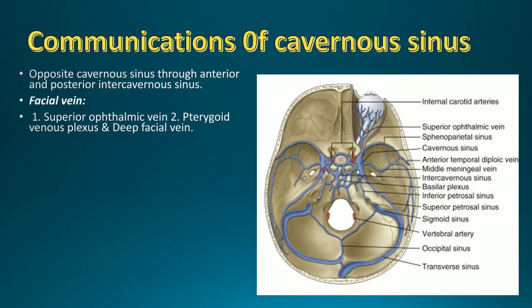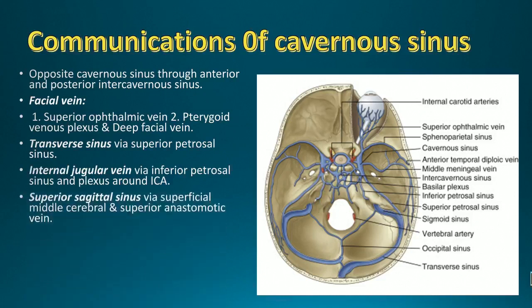These two also communicate with the internal jugular vein. So through the inferior petrosal sinus to the internal jugular vein, and also the plexus around the internal carotid artery maintains a connection between the cavernous sinus and the internal jugular vein.